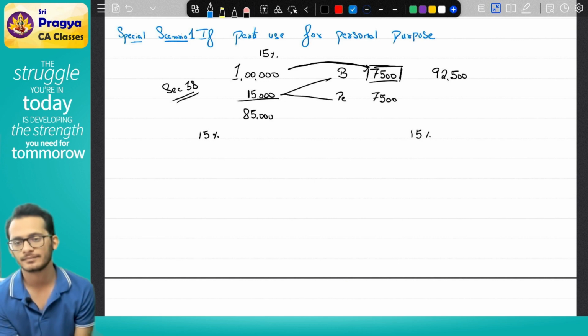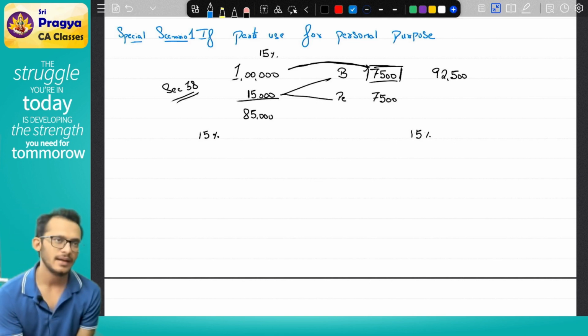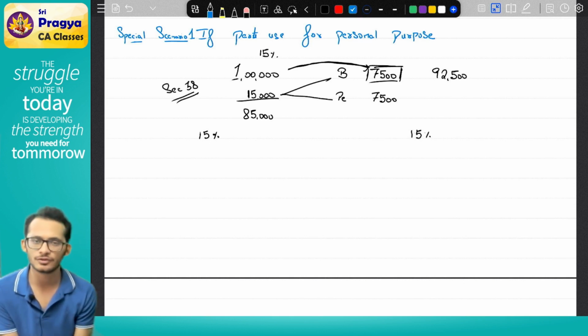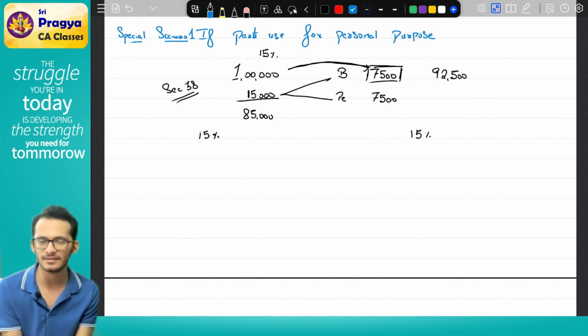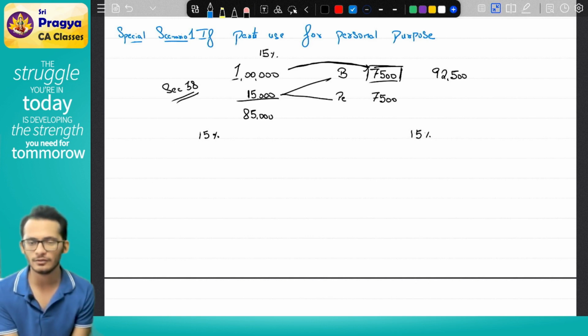Why? Because you feel that the asset is used. Now, whether it is used for personal or business, it doesn't matter. At the end of the day, the asset is used. So, therefore, you should give the full 15,000. You should disallow 7,500 so that next year you only claim depreciation on 85.